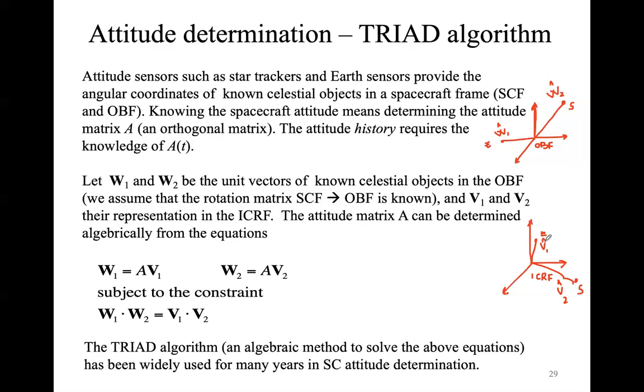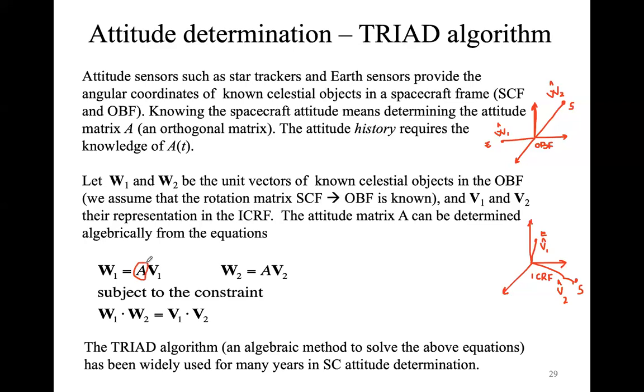The relationship between these two vectors is easy, because we know that if we want to go from the ICRF to the optical bench frame, we need to determine the attitude matrix.